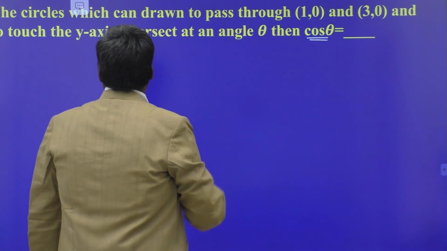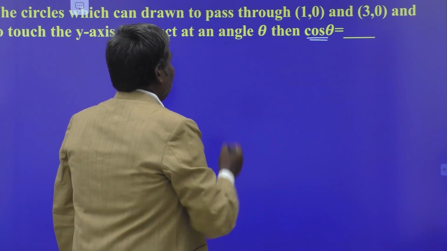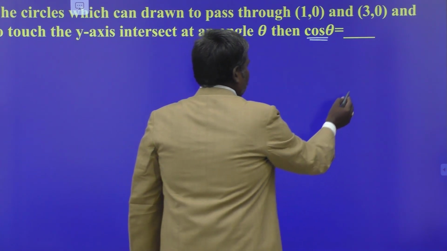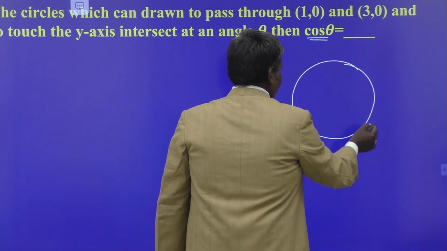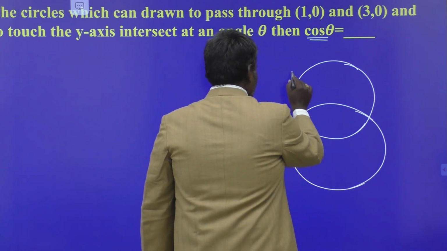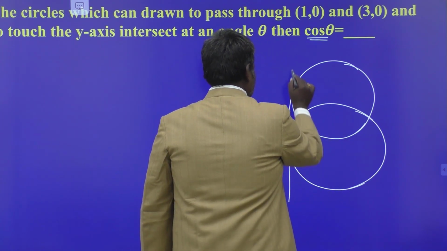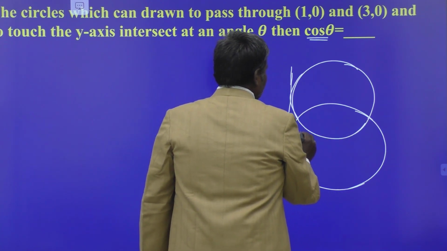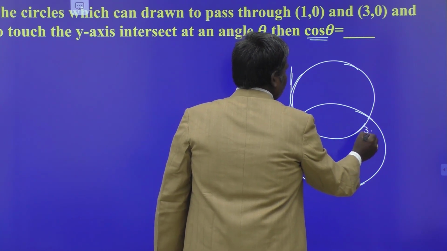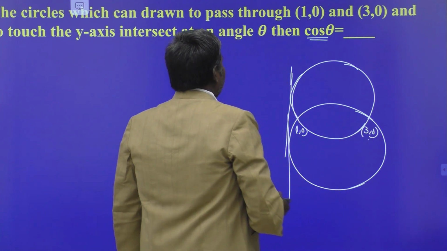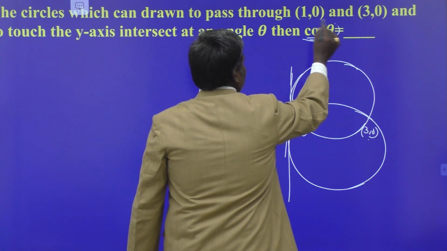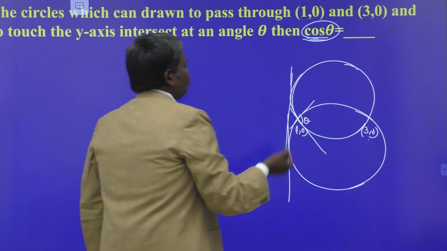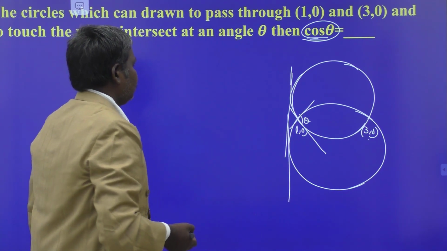There are two circles which are drawn passing through (1, 0) and (3, 0) and touching the y-axis. So these are the two circles, say. These two circles touch the y-axis, and these two are passing through (1, 0) and (3, 0). You have to find out the angle between them and then find cos theta.